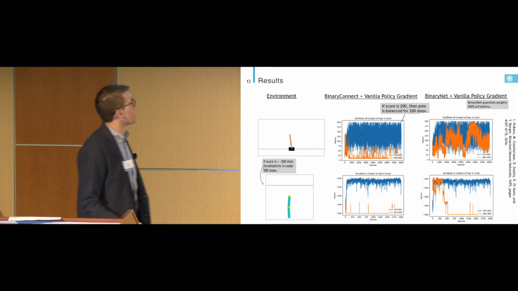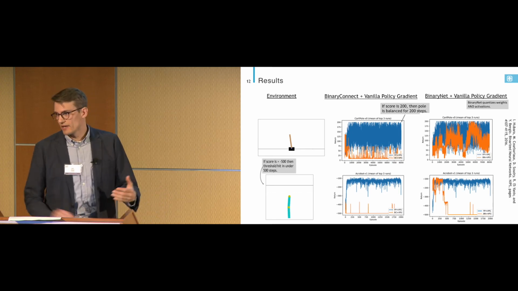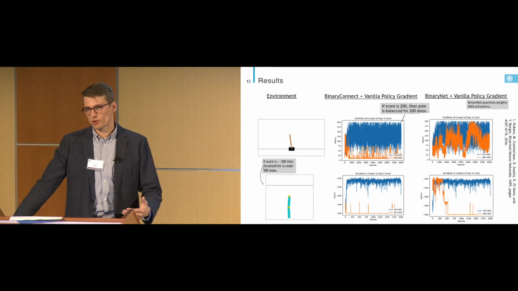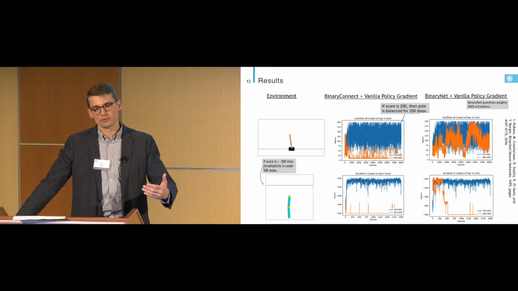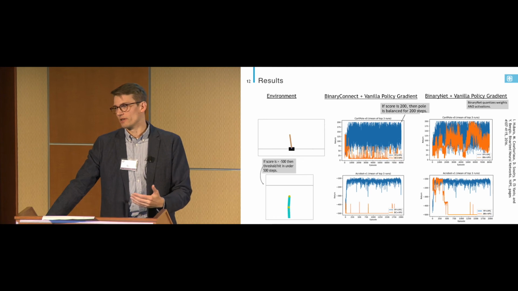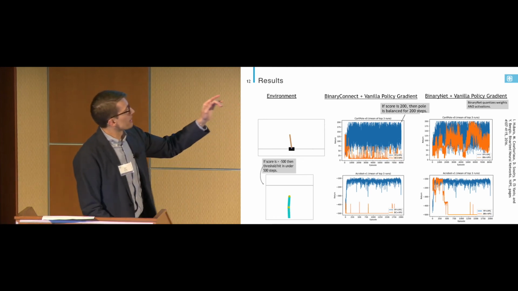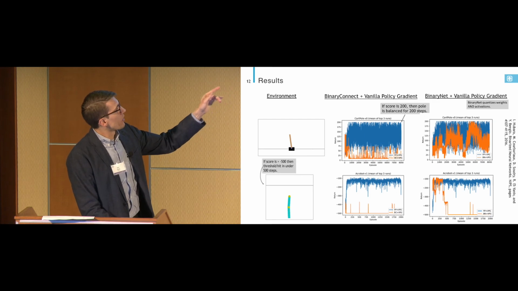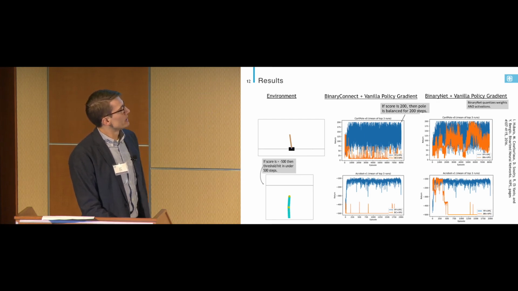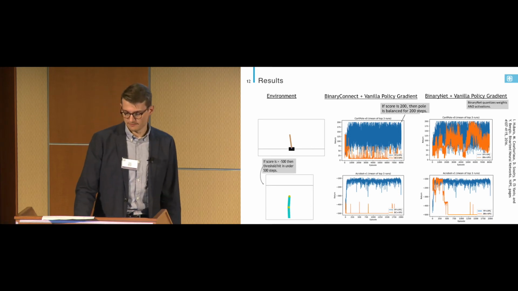And that is also an attribute of reinforcement learning, where you can have one algorithm that works well on one task, and it's going to work radically different on another task. However, if we look at binary net, the lower right-hand corner, we see that binary connect at the very beginning achieves some interesting performance on this task.